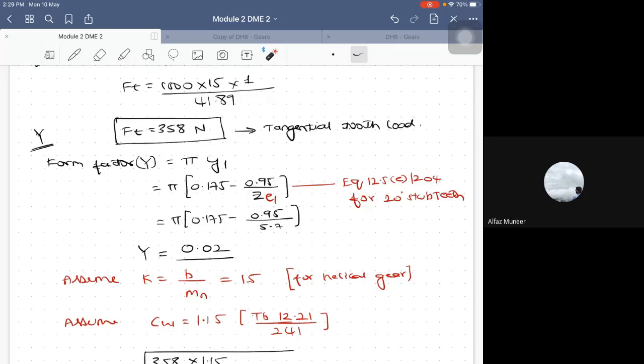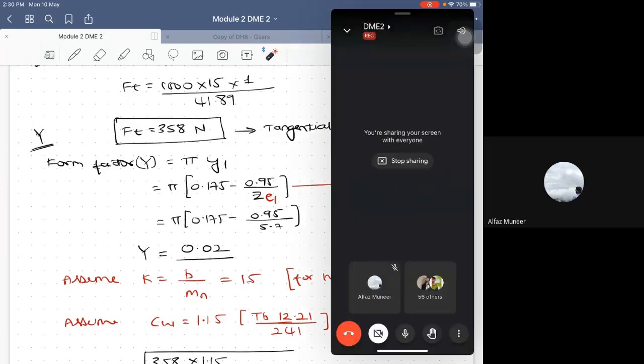What you have substituted, but the textbook value was a little bit different.